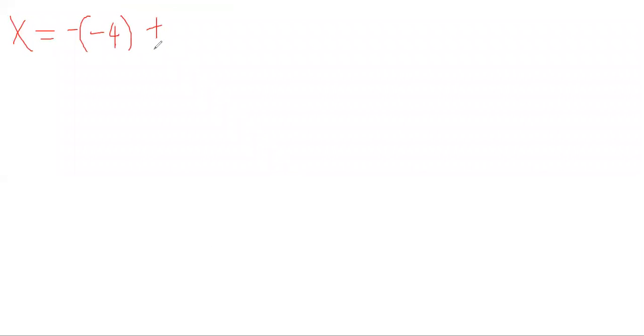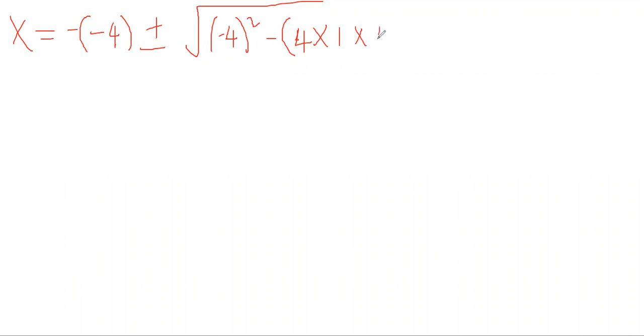Then we have our plus or minus the square root of b squared, which means -4 times -4, minus 4ac. 4 times a, and we know that our a is 1, times c, and we know that our c is 4. At the end of the day, all over 2 times a, and our a is 1.